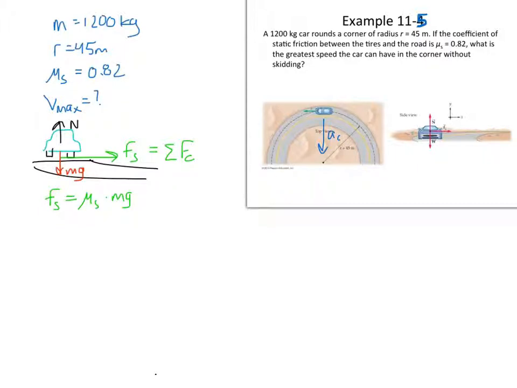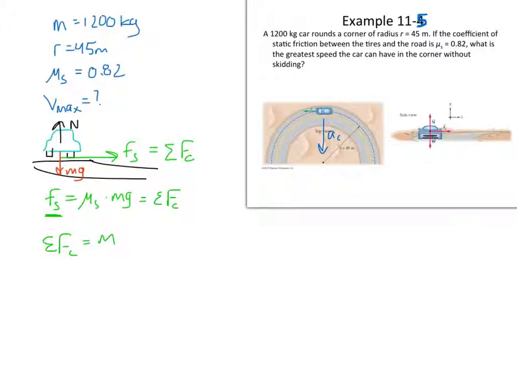We can say that this force right here, the static friction force, is the net centripetal force acting towards the center. There is no other centripetal force acting towards the center. What's the other way we can state net centripetal force?